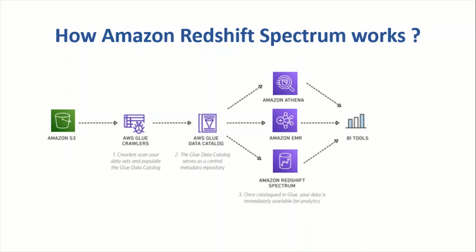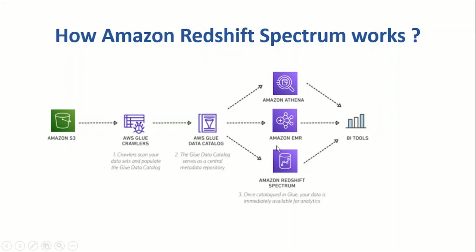If you look at the flow of data, okay, data sits in S3, through Glue we are reading it in Spectrum, and then doing reporting on top of that, or business intelligence, using some business intelligence tools. Similar things can be done using Athena and EMR.